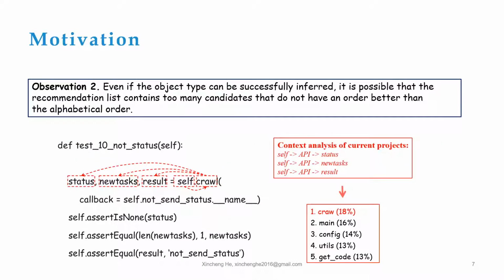Consider the example on the slide, which tests the status of the object self by invoking the method crawl defined in the class of self. PyART collects data flows related to the recommendation point and considers the co-occurrence of each candidate and tokens in flows, and finally suggests a number of APIs with the correct one ranked first.